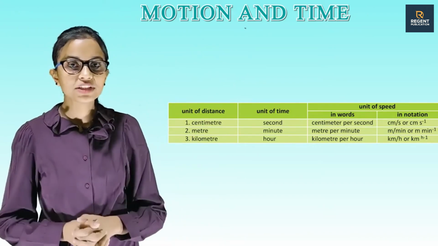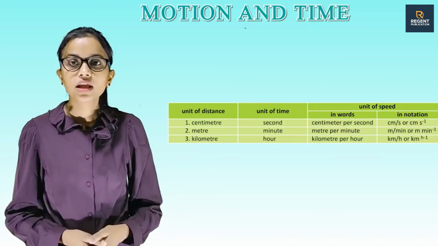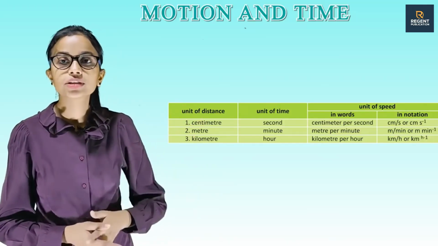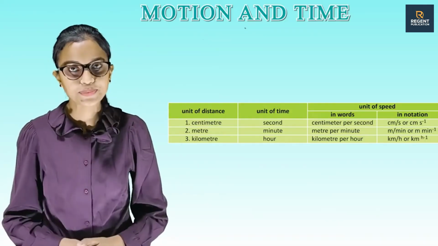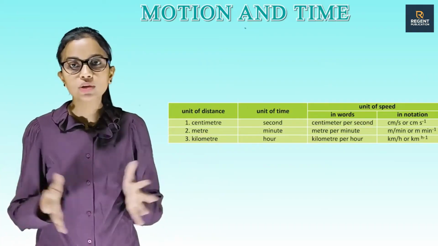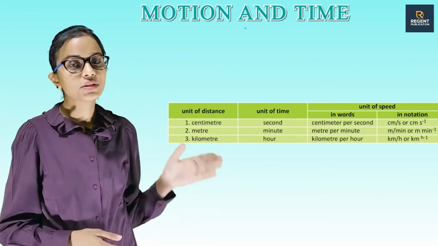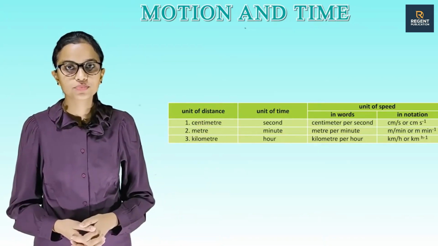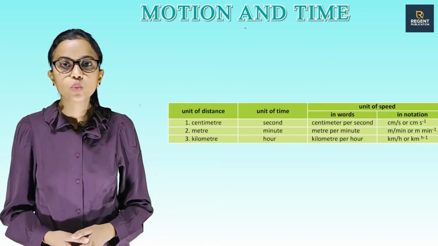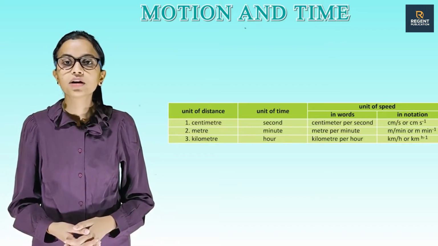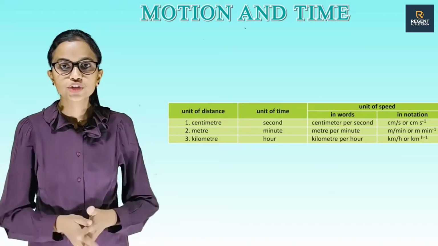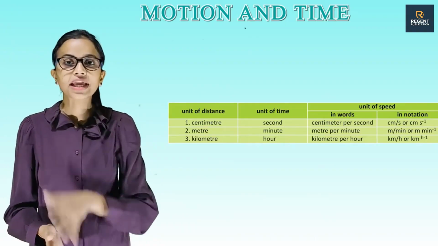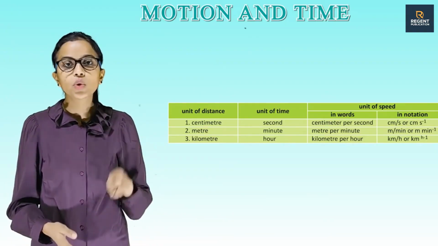The first one is centimeter, unit of time second, unit of speed in words centimeter per second, in notation cm/s, or we can also write it as cm s^-1. Second, meter, unit of time minute, unit of speed in words meter per minute, in notation m/min. Third one is kilometer.